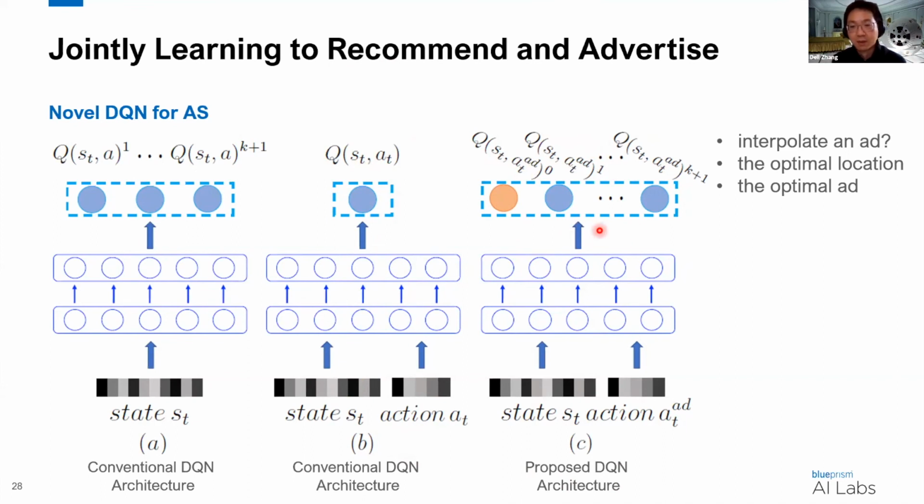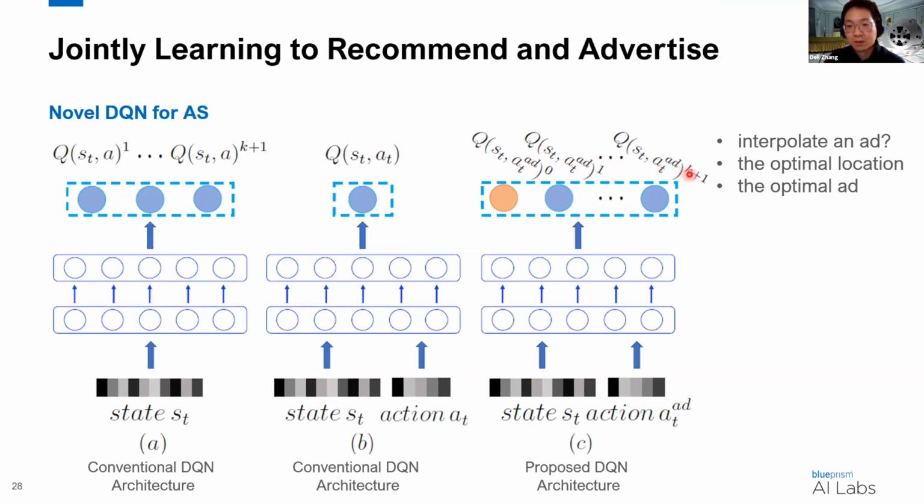Assuming that we are recommending K items, there would be K plus one positions for us to insert the ad. Therefore, they use these K plus one Q values to determine which position to insert the ad.